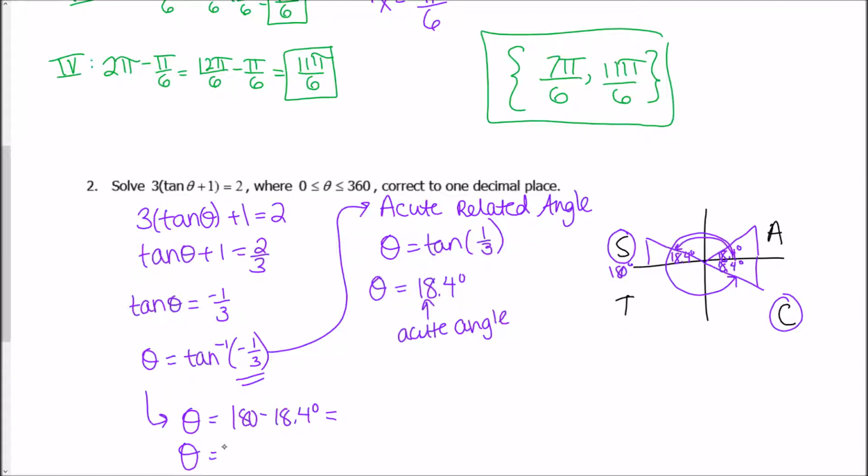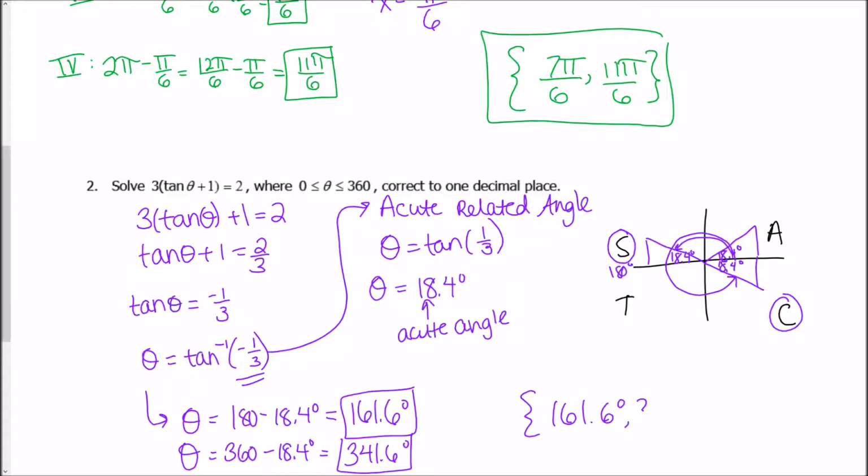So I would do 360 minus 18.4 degrees. When I figure out those values, I know that my two answers are 161.6 degrees and 341.6 degrees. And those are my two answers. So we can say it's 161.6 degrees, 341.6 degrees, and we have solved this question.